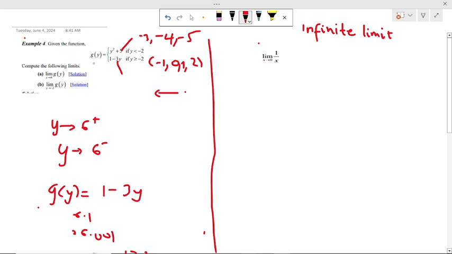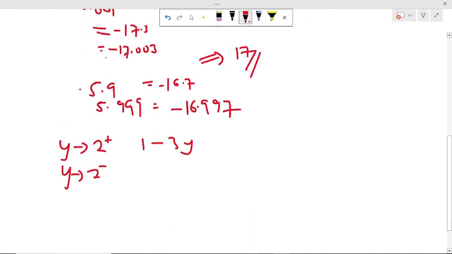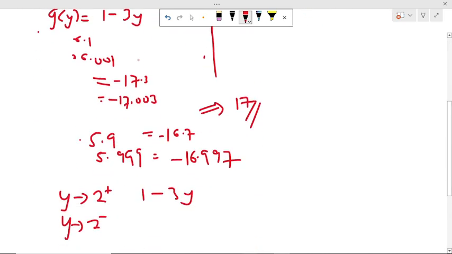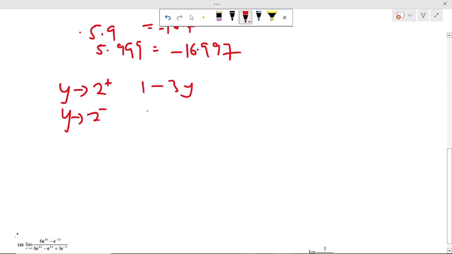Now if you are approaching from the negative direction, we have to take values like -2.0001, -2.1. For that we need to use this, because that's the range it falls in. So that will be y squared plus 5.